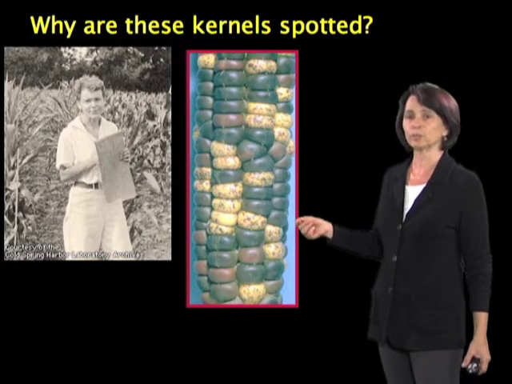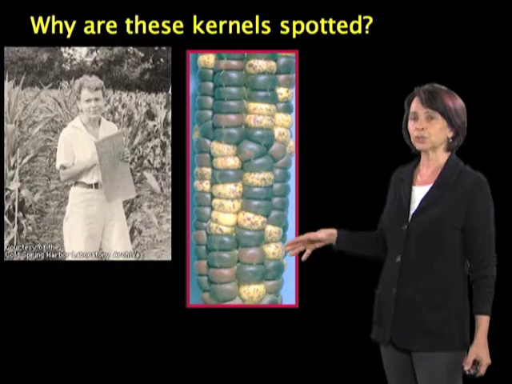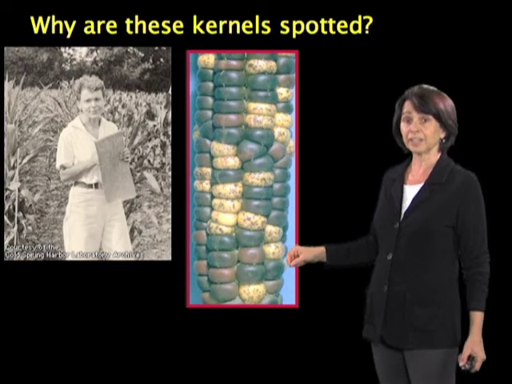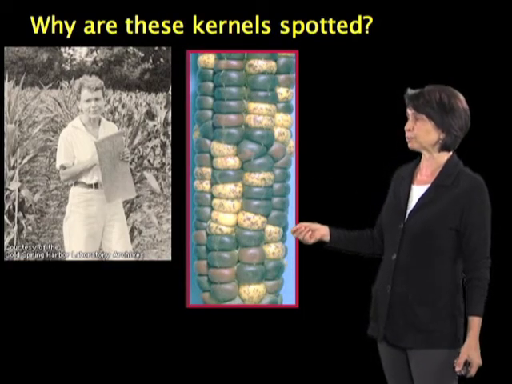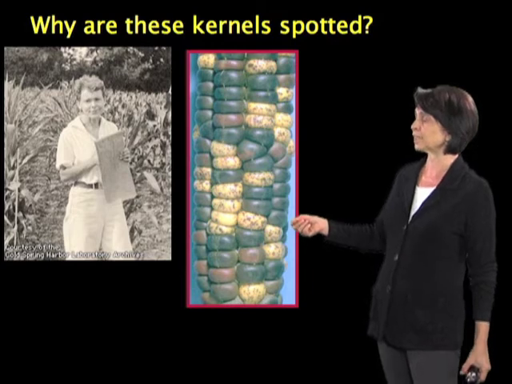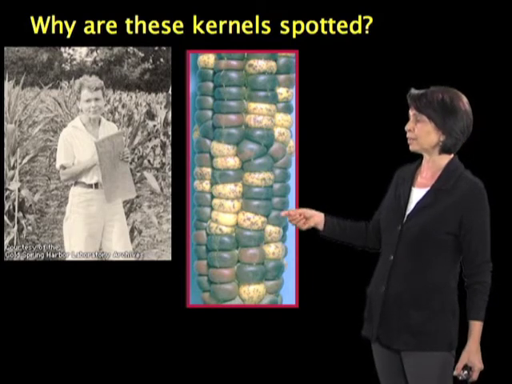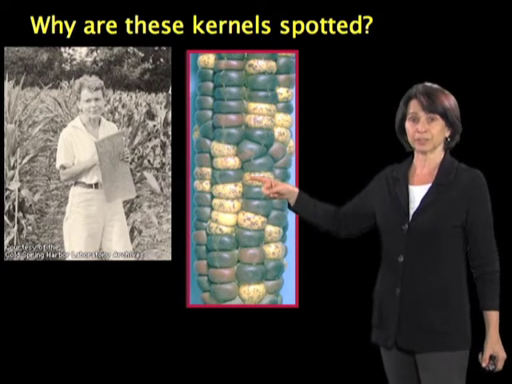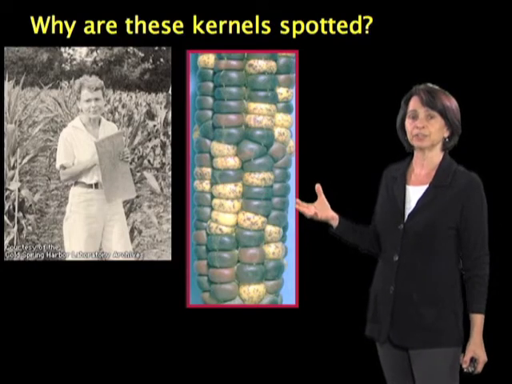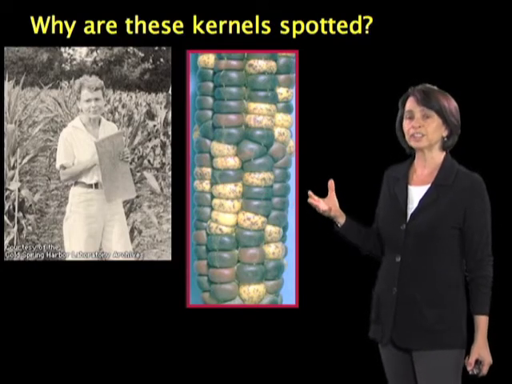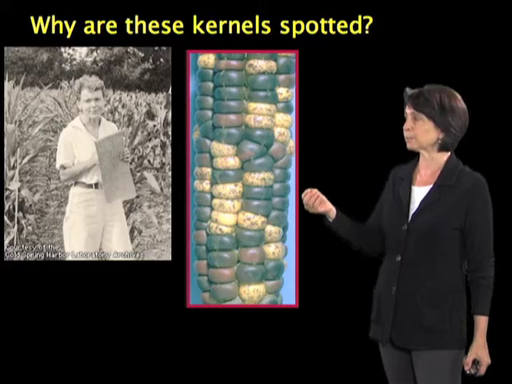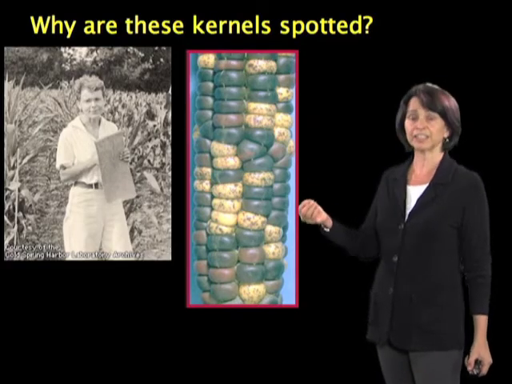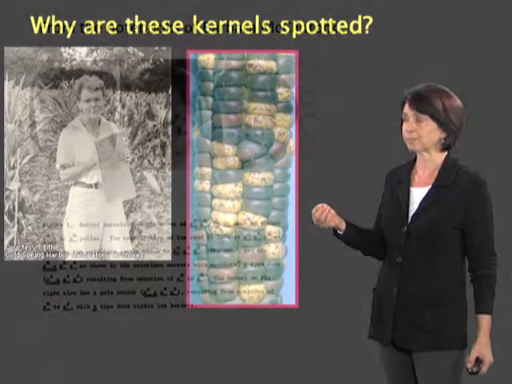And unlike the corn we eat, which is yellow, this corn is highly pigmented. But what's unusual about this particular corn cob here are the spotted corn kernels. And McClintock was interested in what is the genetic mechanism responsible for this spotted kernel phenotype.